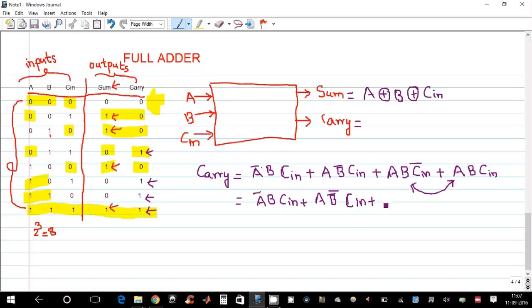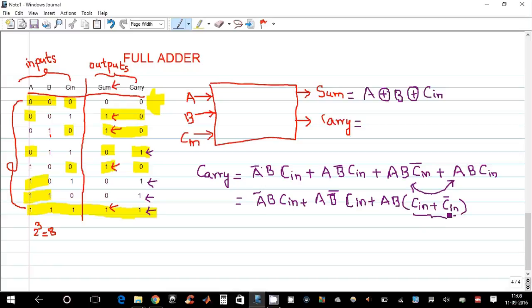Since we have taken A and B common from these two expressions, it will be C input plus C input bar. As you can see, this will result in a logic value of 1.